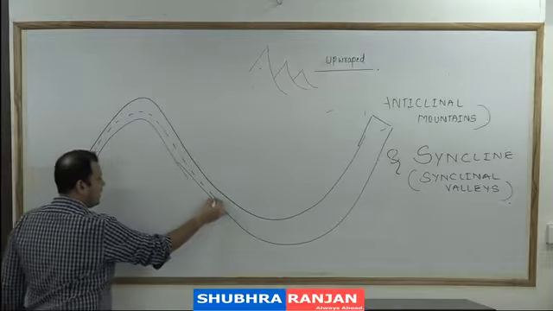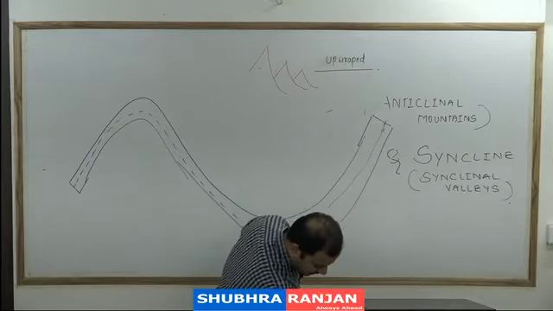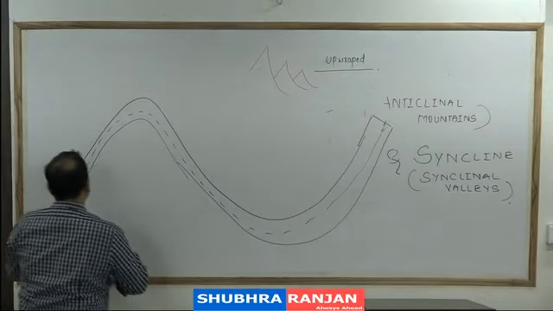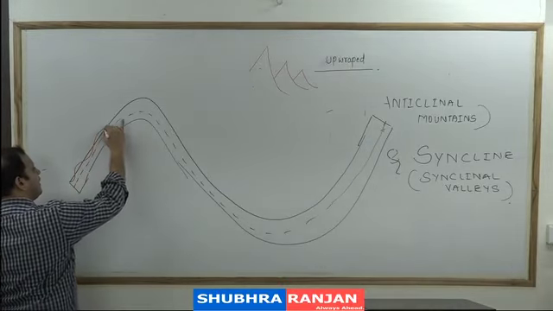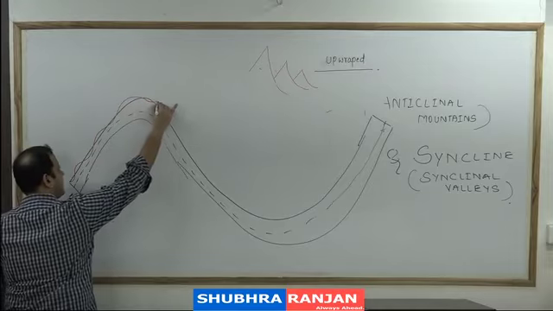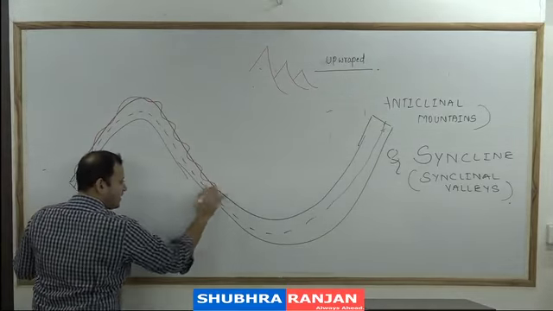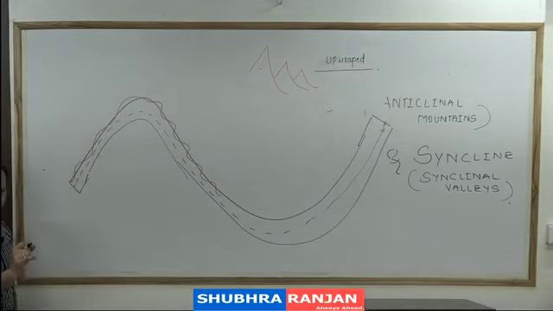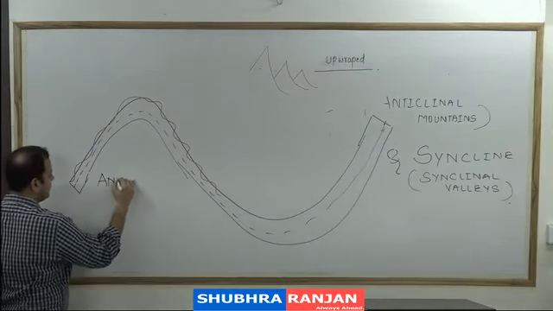Sometimes on a single anticline there is a series of anticline and syncline, anticline and syncline. जब भी आप trekking पे जाओगे mountains पे, you will see there is up and down. So this kind of a process in which on a single anticline there are more than one anticline and syncline is known as anticlinorium.